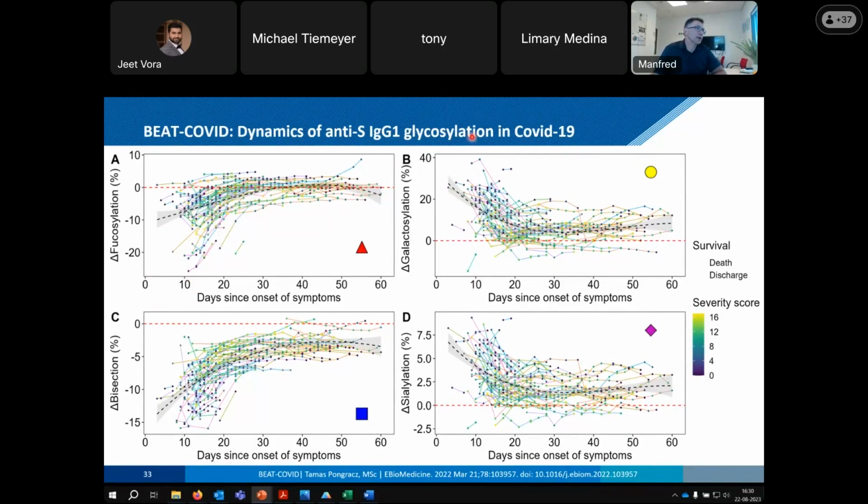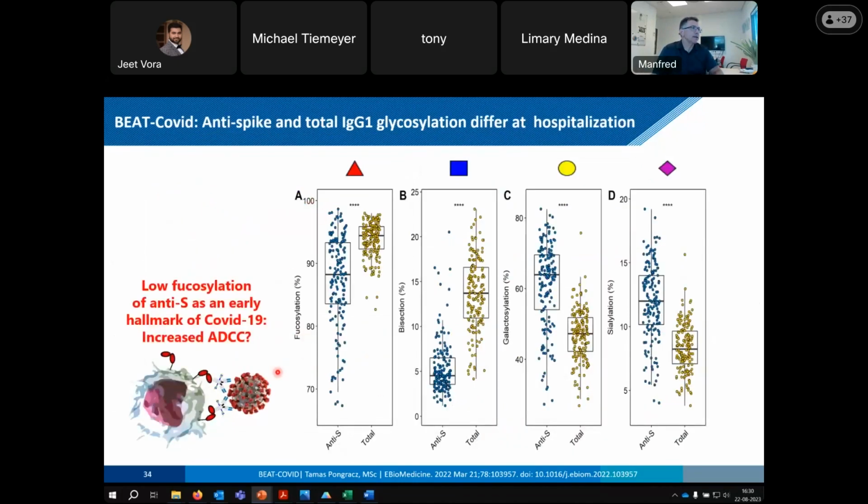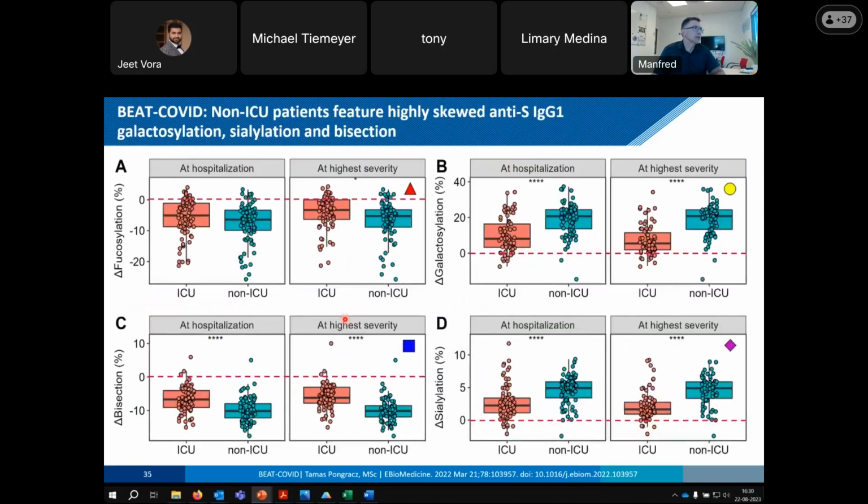We also saw that early time points came with skewed galactosylation: high galactose, high sialylation, low bisection. So we had a very skewed early glycosylation profile, summarized here with more focus on the early time points. Indeed, the earliest anti-S antibodies have this low fucosylation. We then looked at clinical associations.